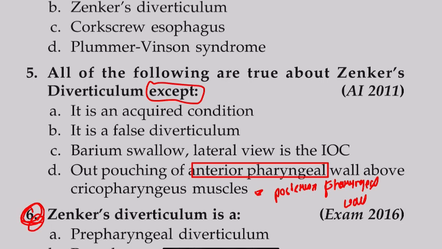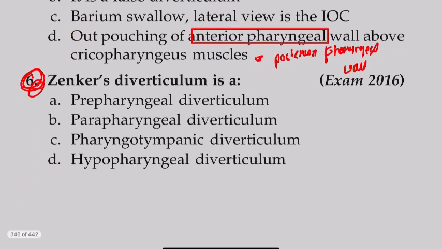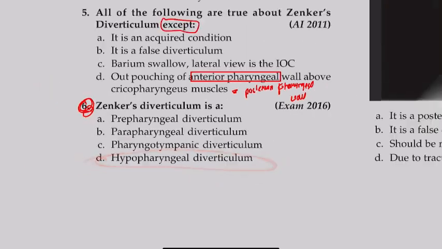Barium swallow lateral view is the investigation of choice, that's also right. Outpouching of anterior pharyngeal wall above cricopharyngeus muscle? No, it is outpouching of the posterior pharyngeal wall, not the anterior. So this is the incorrect statement. Zenker's diverticulum is a hypopharyngeal diverticulum, right?